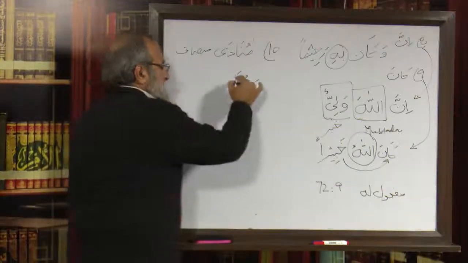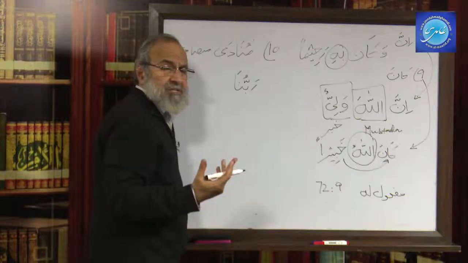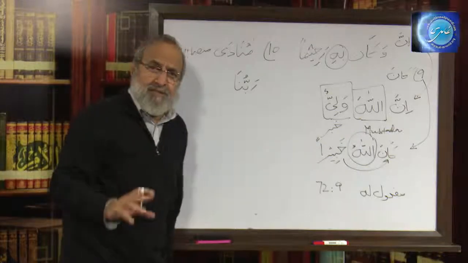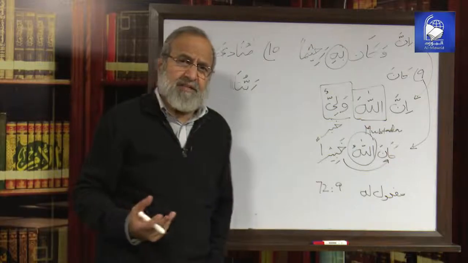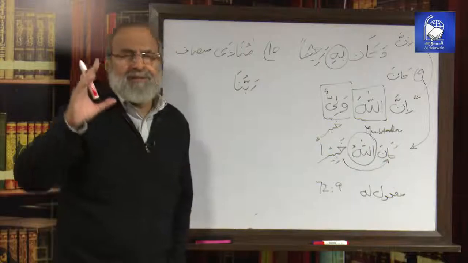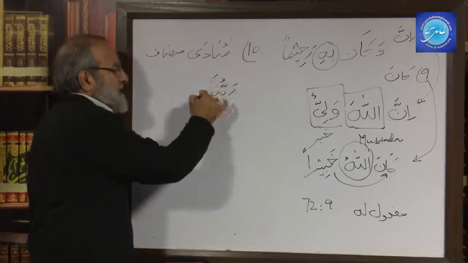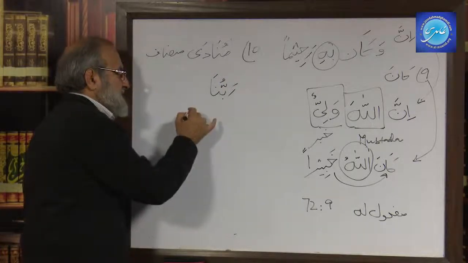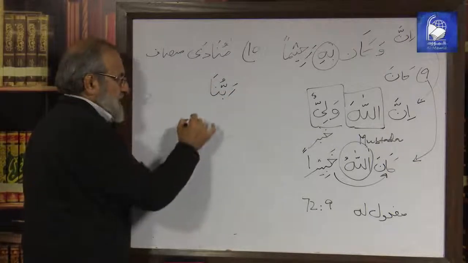Na is us, this is a pronoun, and Rabb is Rabb, which has now taken 1 harakat instead of 2 because it is muzaf, and as we have seen, in the case of muzaf, the governing noun, it's always 1 harakat and no alif lam preceding it. This is muzaf ilayh. Had it been some other noun, it would have actually taken the form of jar. It's still jar, but it doesn't appear here because it's a pronoun. I'll give you another example.